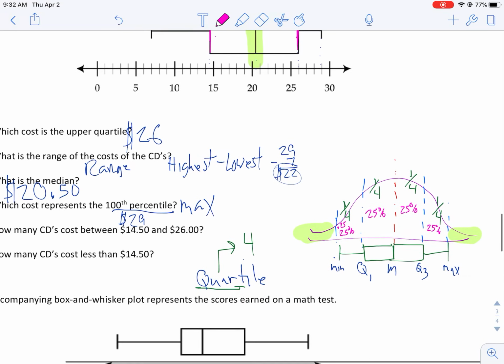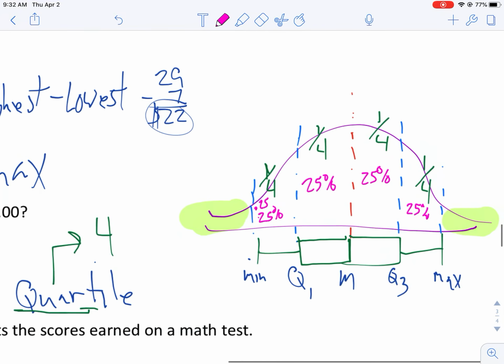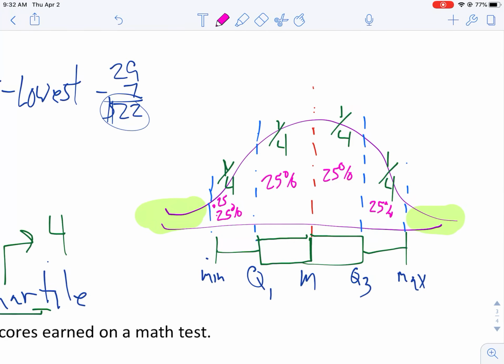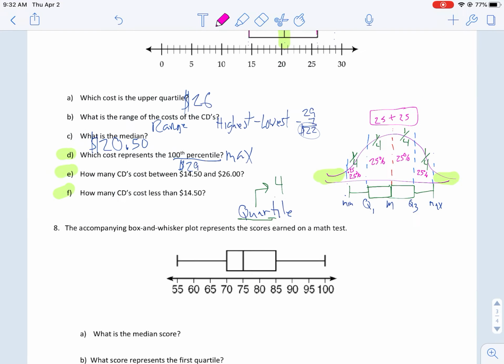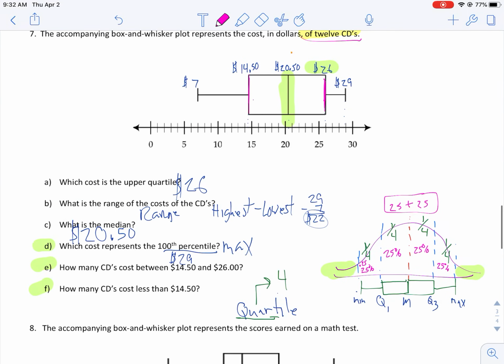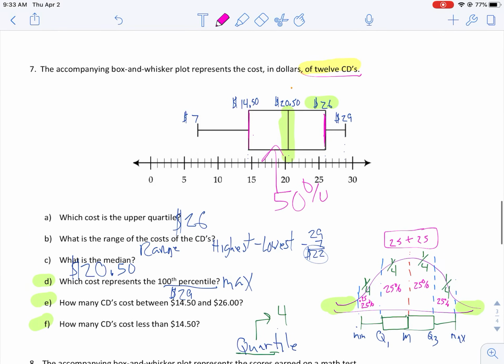So I'm going to go back down to my bell curve. Between Q1 and Q3, I have the 25% and the 25%, so I'm going to add them together. This box right here represents 50% of the data. Well, what's 50% of 12? If I go 12 times 0.5, that's really 6.